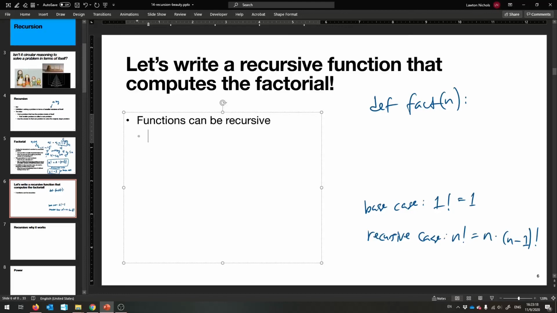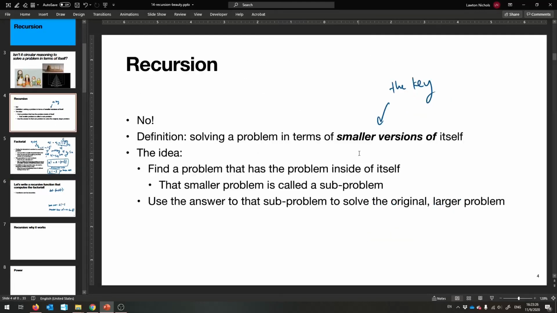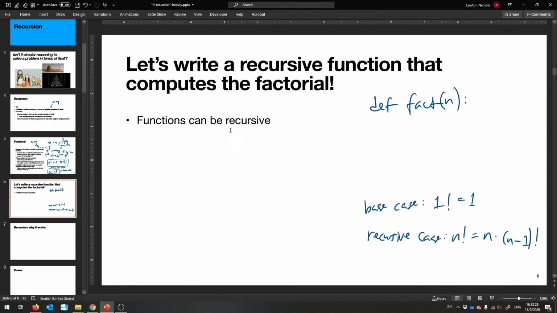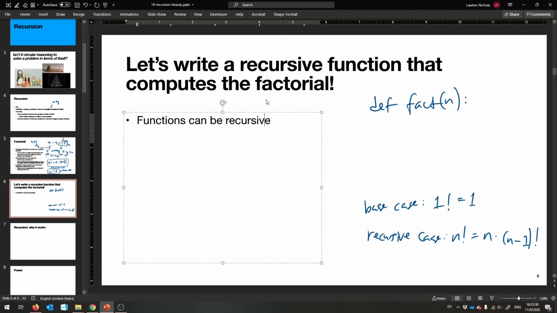So what does it mean for a function to be recursive, to be defined in terms of smaller versions of itself? Well, that means that functions can call themselves.